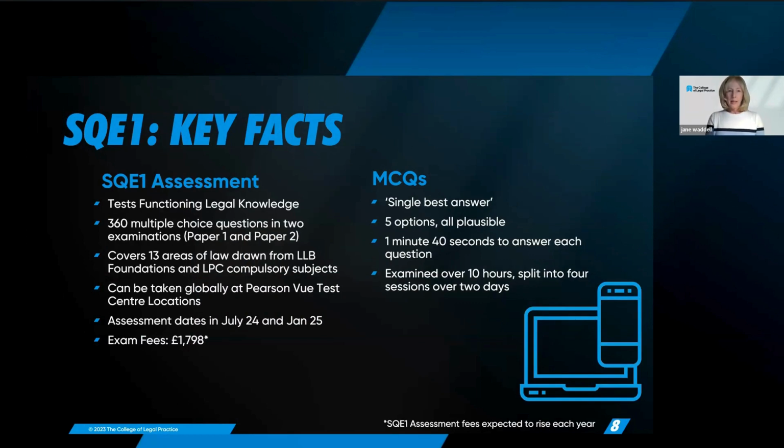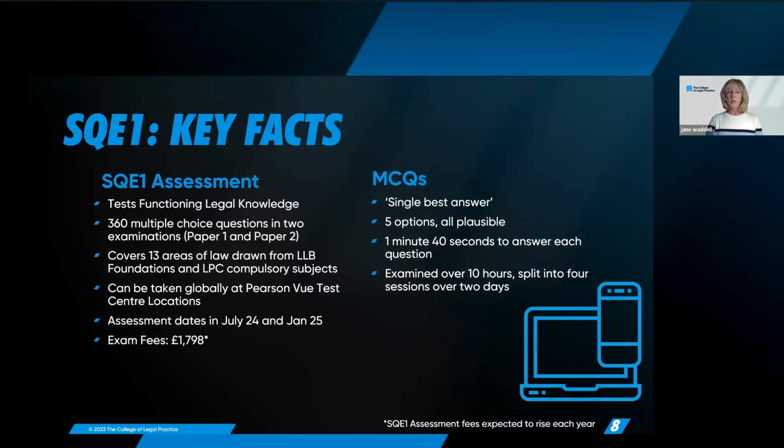I think this is the big ask with SQE1 because it's all about knowledge. You have to cover functioning legal knowledge in 13 different practice areas. Have a look on the SRA's website if you want to see more details, but they're all the subjects you'd expect: litigation, property, business, conduct, ethics, and so on. So there are no surprises.